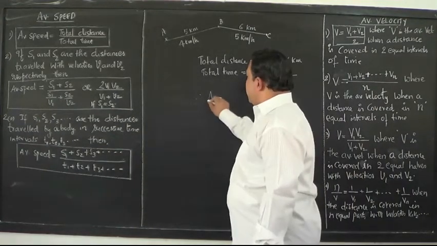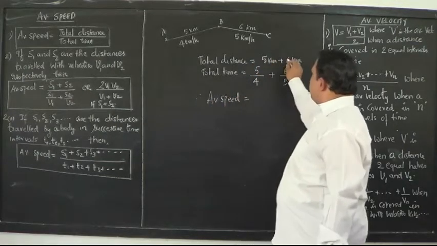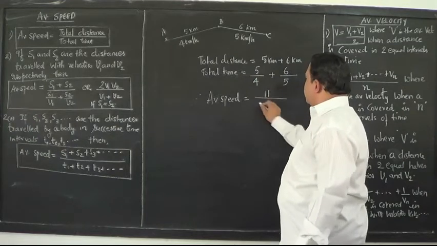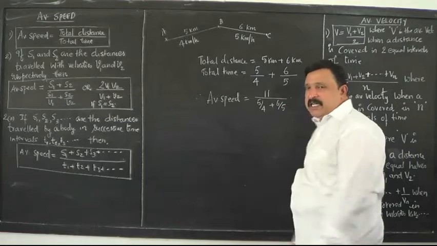Therefore, the average speed in this case is 5 plus 6, 11 kilometers, over 5 by 4 plus 6 by 5. You simplify, you get the answer.